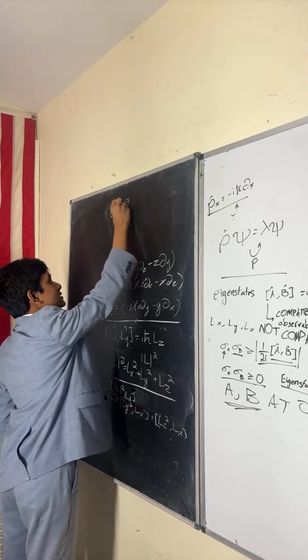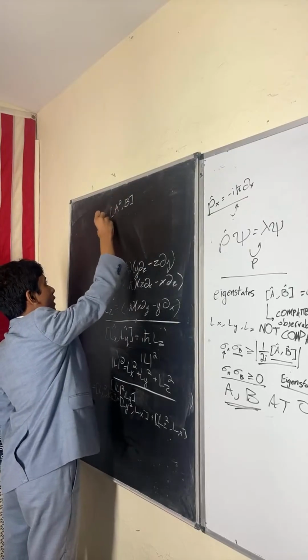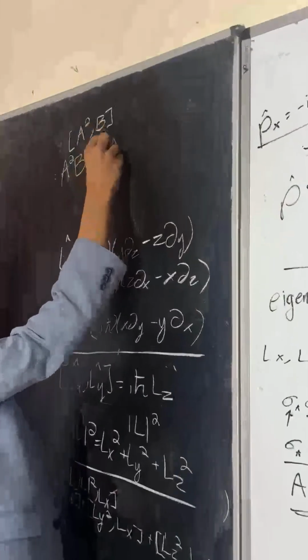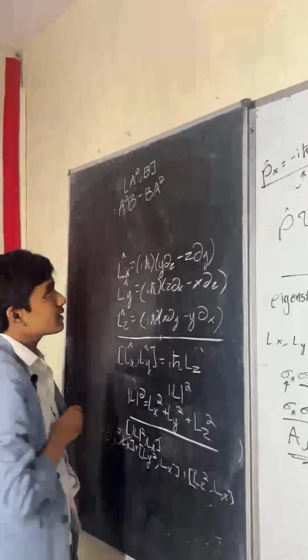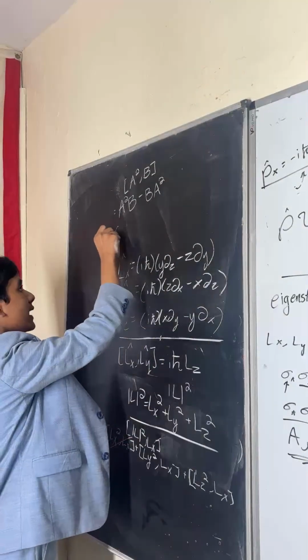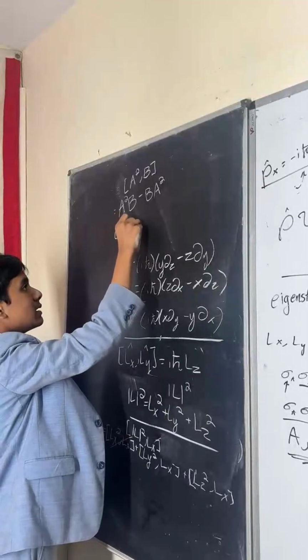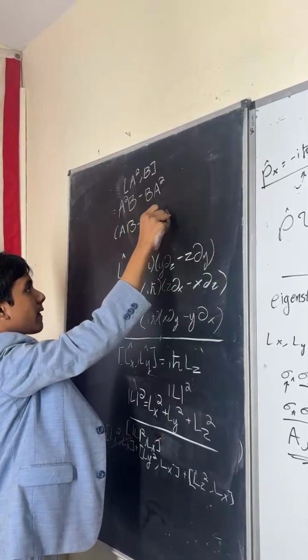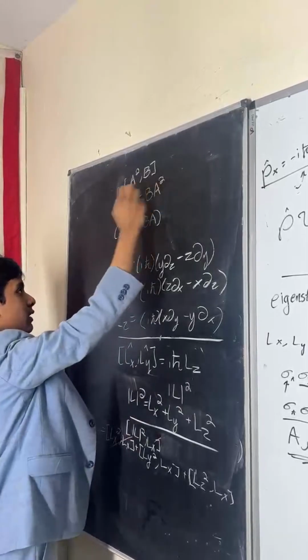What is this? Well, we can rewrite it as a squared b minus ba squared. Now, at first, it's tempting to see how close we can get by writing ab minus ba times a, or either this way or that way. But here's the thing.